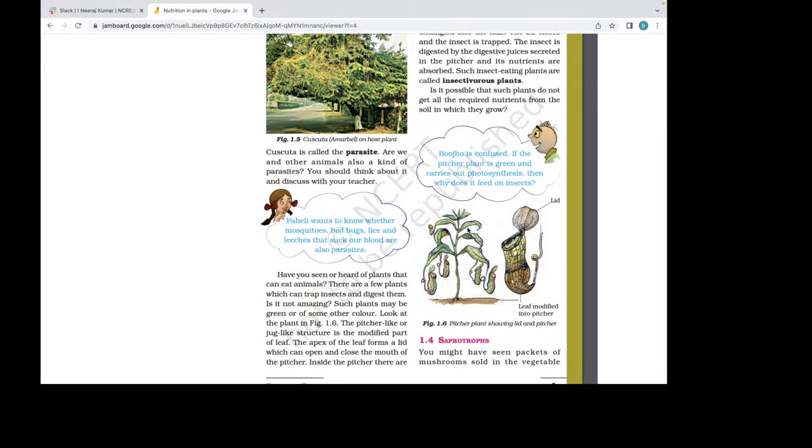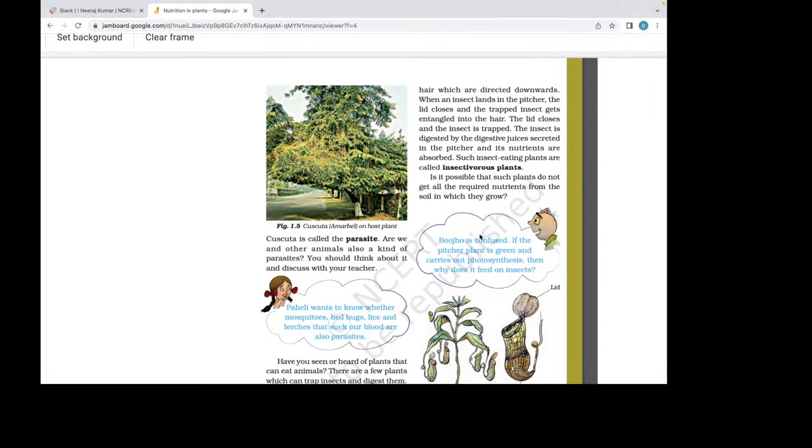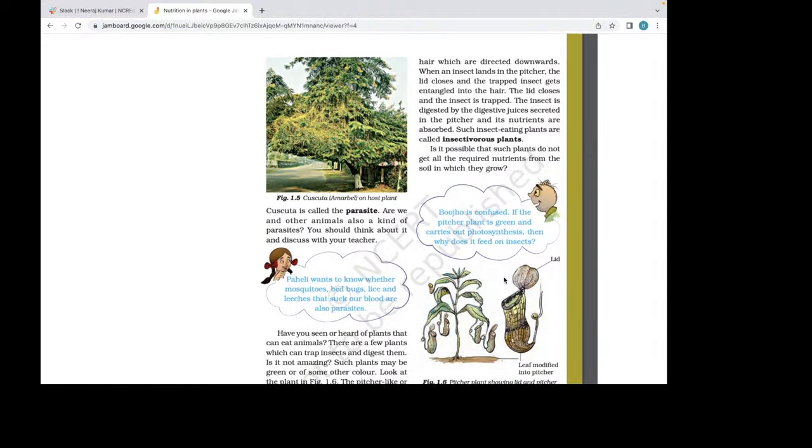So about this we will learn in our next lesson. So that is going to be really very interesting, that why do they eat them, and do they not get the sufficient nutrients from the photosynthesis? Why do they rely on these insects?